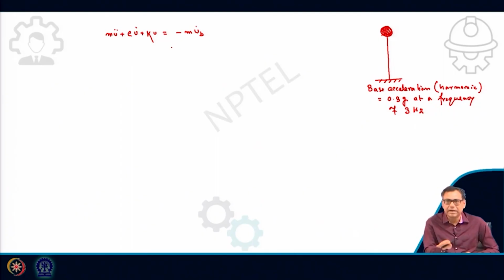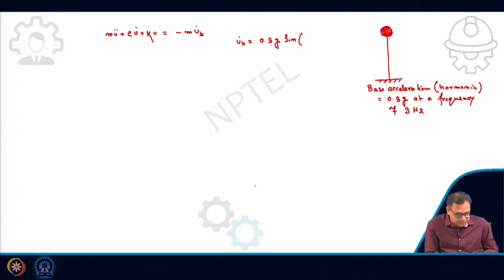So if I apply a base acceleration, then this will be the expression. That means now this is a harmonic base acceleration of 0.3 g, that means a sine, and it has a frequency of 3.